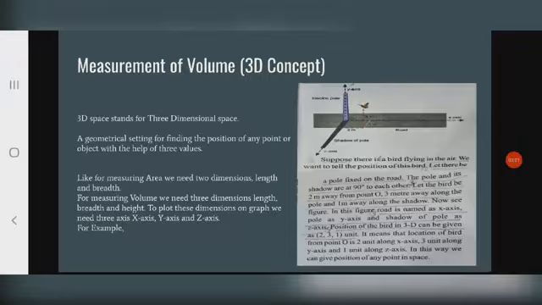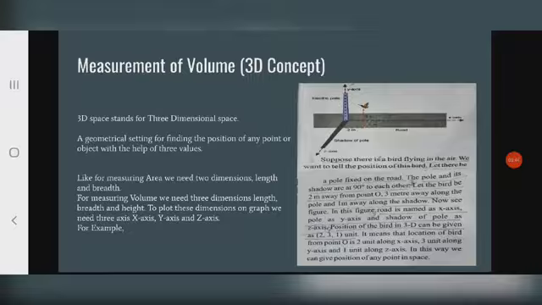It means that the location of the bird from point O is 2 units along the x-axis, 3 units along the y-axis and 1 unit along the z-axis. In this way, we can give the position of any point in the space. This is an example to find one point in a 3D space.